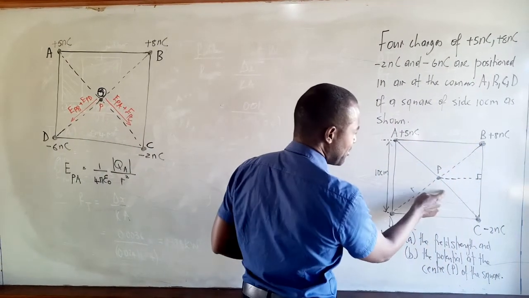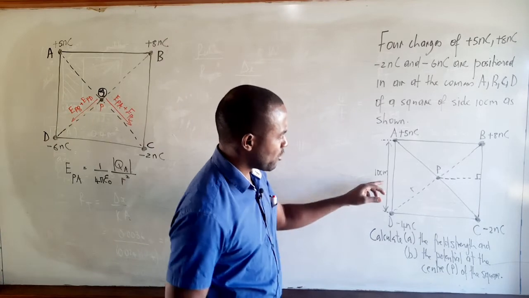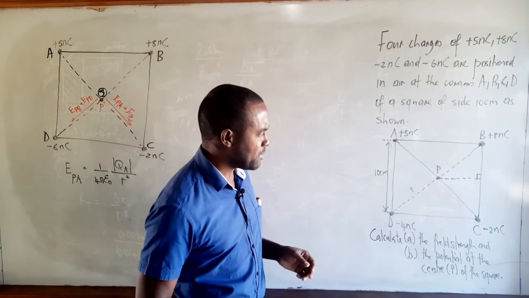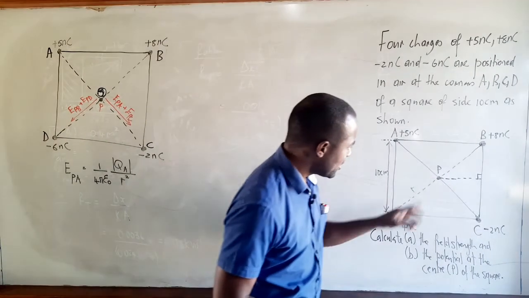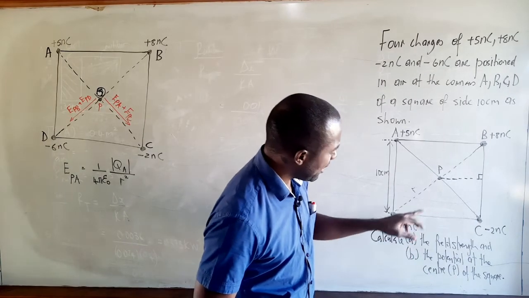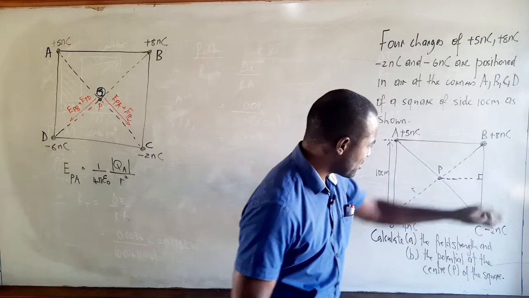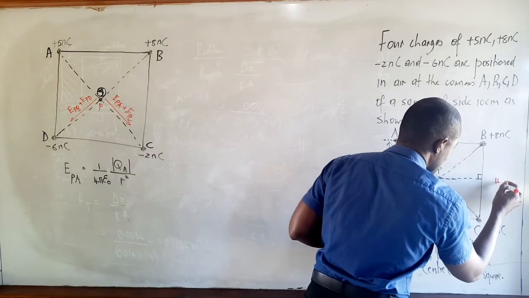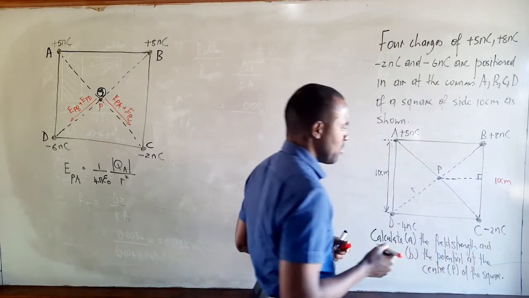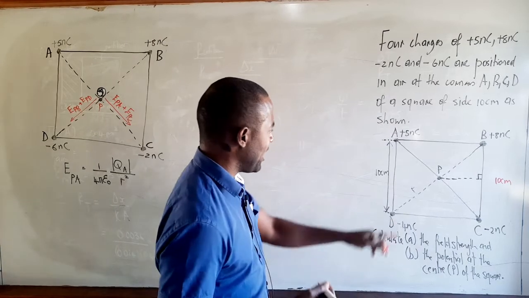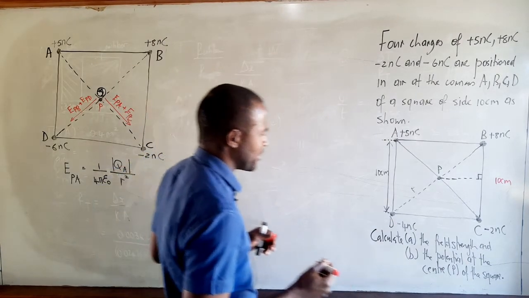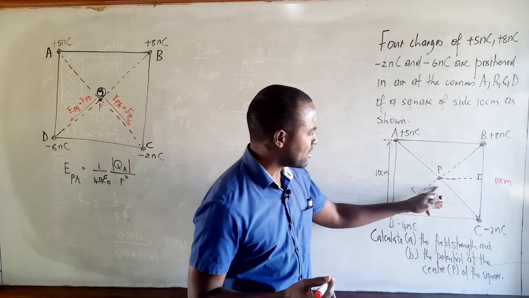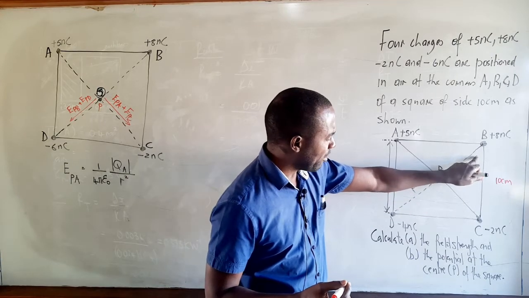If we look at the original diagram, this is a square of side 10 centimeters. So this will be 10 centimeters as well. All of this will be 10 centimeters. Now what we want is the value of r, or at least r squared. r is the distance from the center to any vertex of the square.